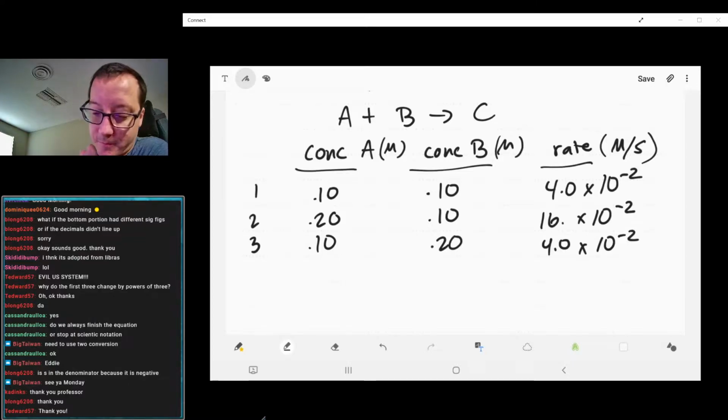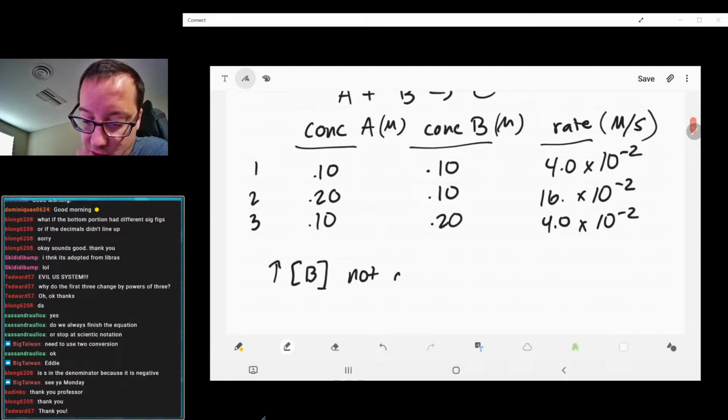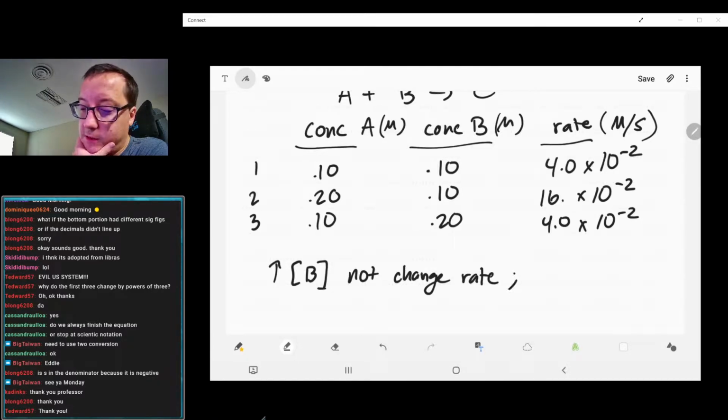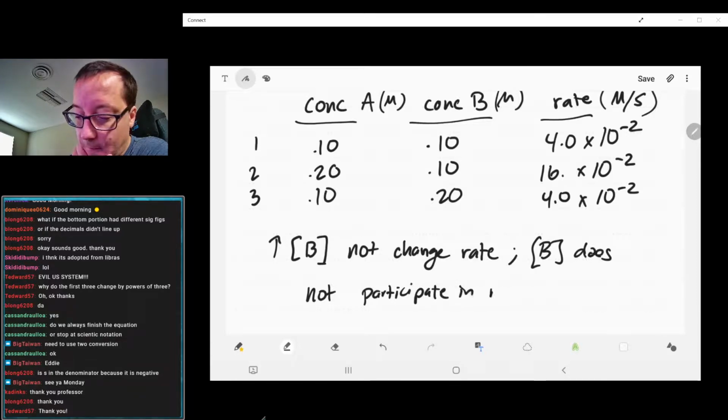And so we can conclude that upping the concentration of B did not change the rate. That means that B does not affect our rate, right? We've seen that experimentally. So it does not participate in the rate law. So our rate does not depend on the concentration of B.